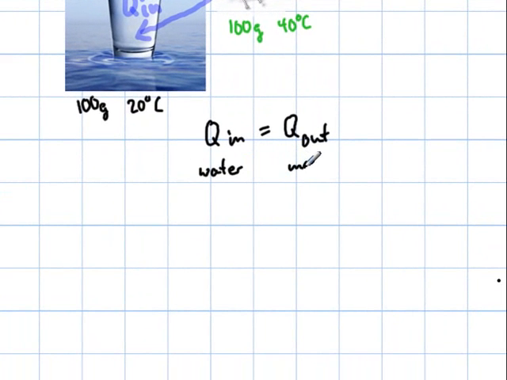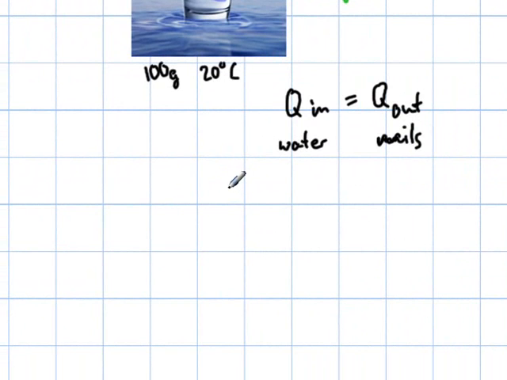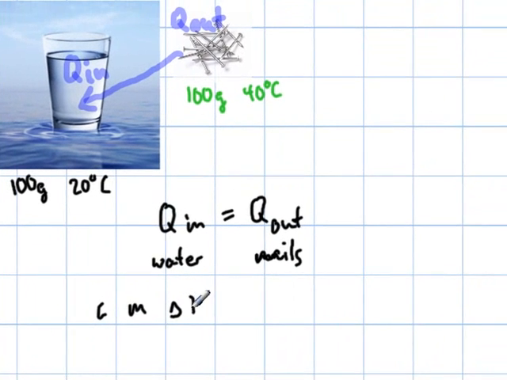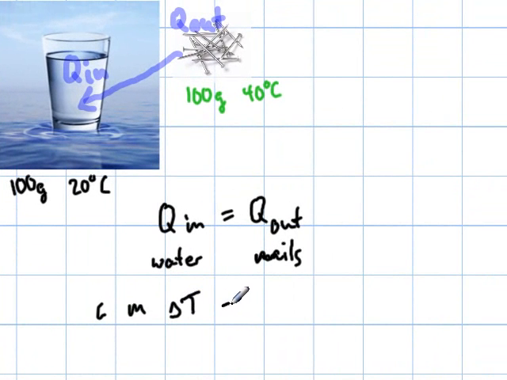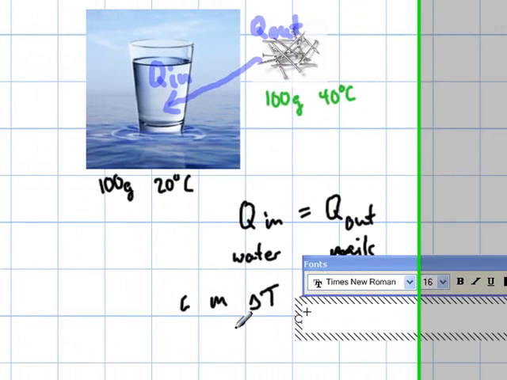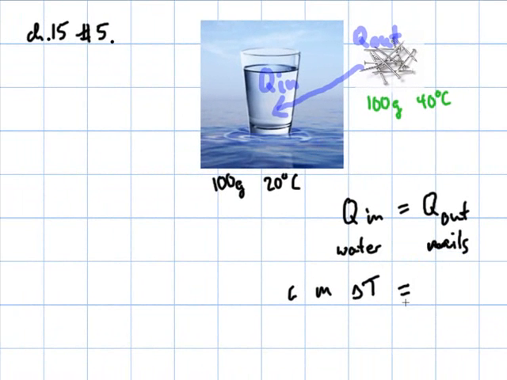Water. That was supposed to be an N, not an M, but nails. There we go. Okay, the formula is given, and that one is C M delta T for the water, and on the other side it's, sorry, I'm writing somewhat up.